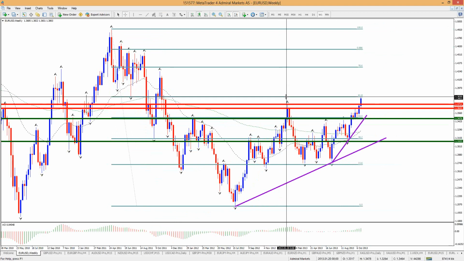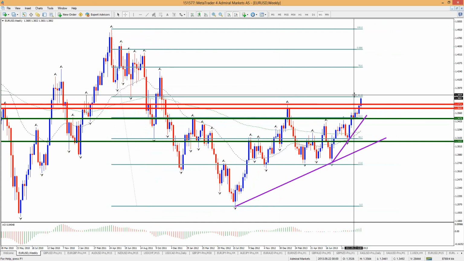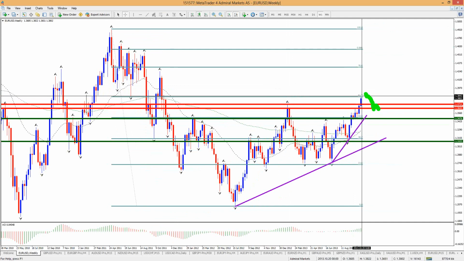The 618 is at 138.30, but price can easily break through 20 pips and still seem to respect such a fib, because for a weekly fib, it's more of a zone of 30 pips than an exact price. The differences between the fibs are so big that even if we poke through 15 pips and then respect that fib, it's going to look like a respect.